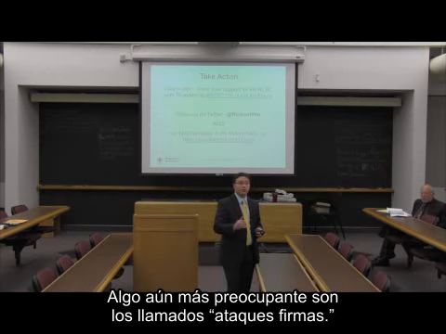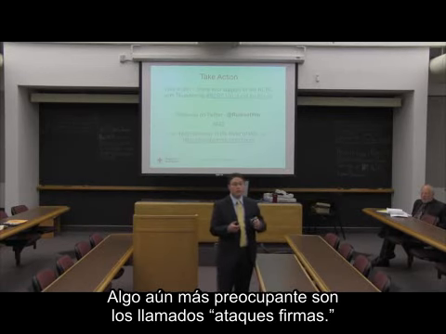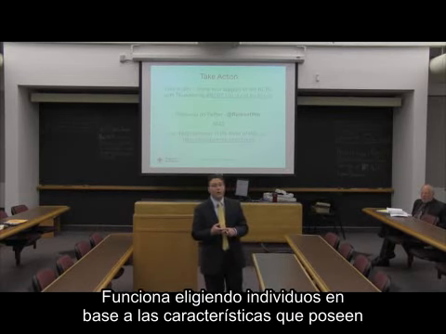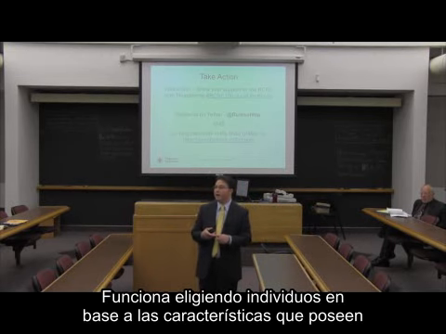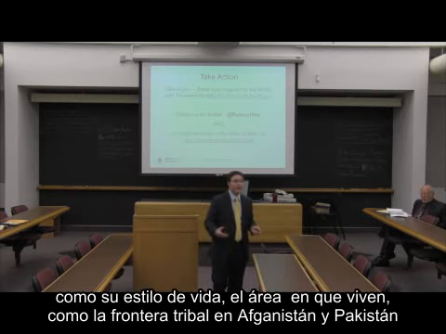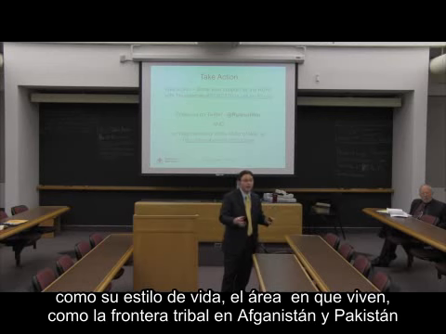I think there are even more concerning things, so-called signature strikes, that strike at individuals based on characteristics they possess. They're kind of lifestyle patterns, like living in a troubled area, like the tribal borderlands in Afghanistan and Pakistan.